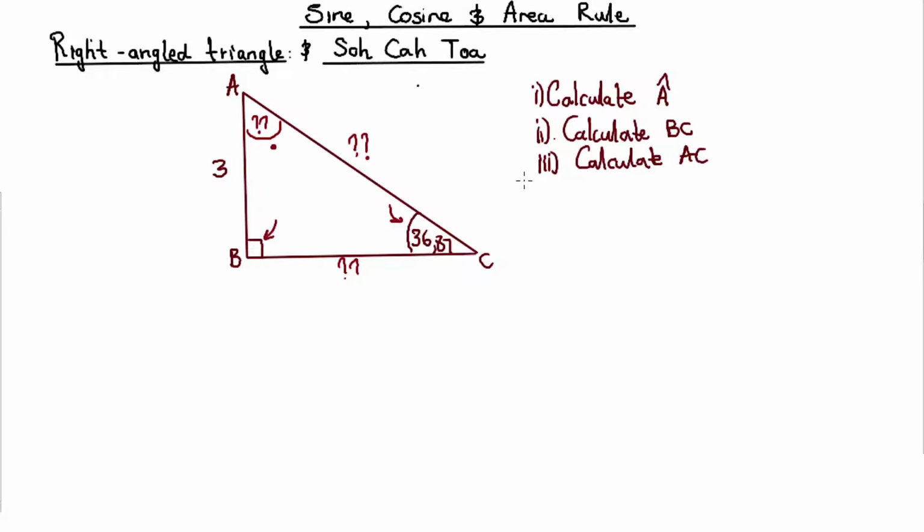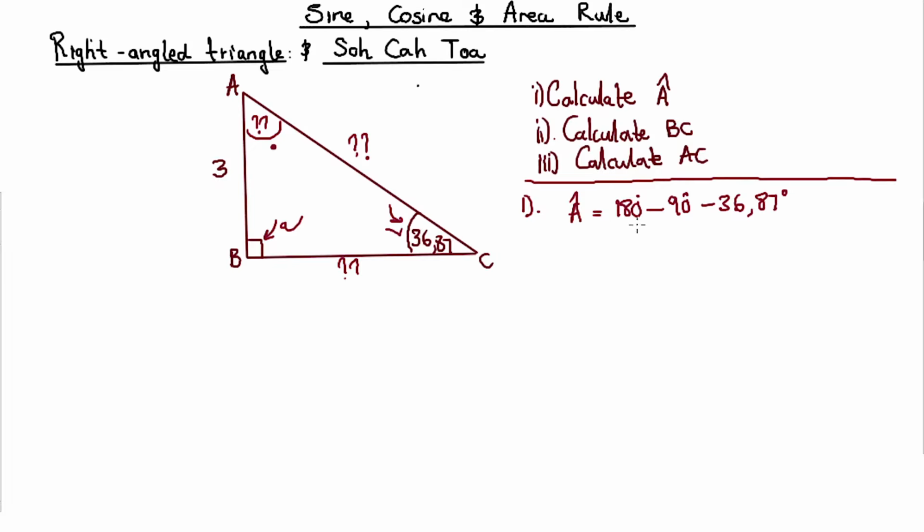So the solution to this is: A can be calculated as being equal to 180 degrees subtracted by 90 degrees, this angle, minus 36.87 degrees, this angle, right? I'm subtracting from 180 degrees because the sum of angles in a triangle equates to 180 degrees.